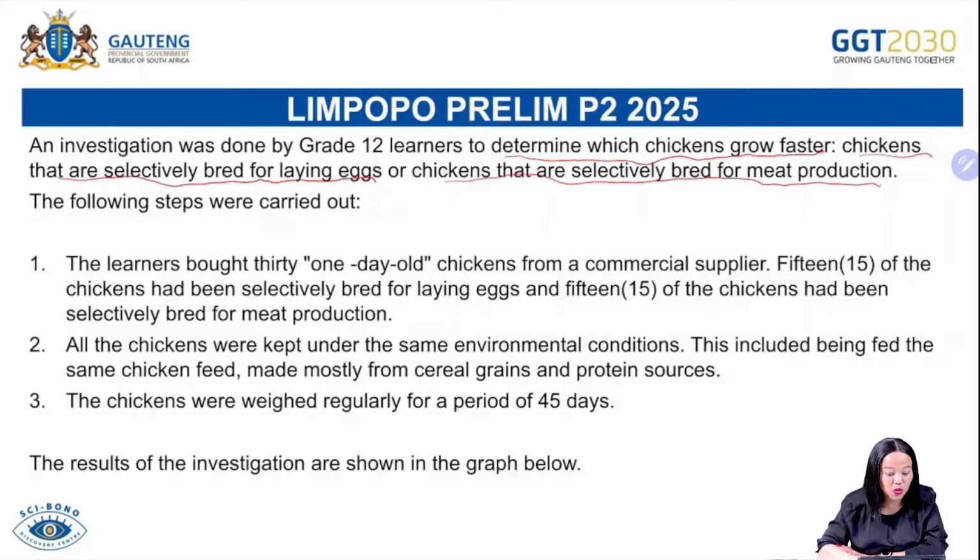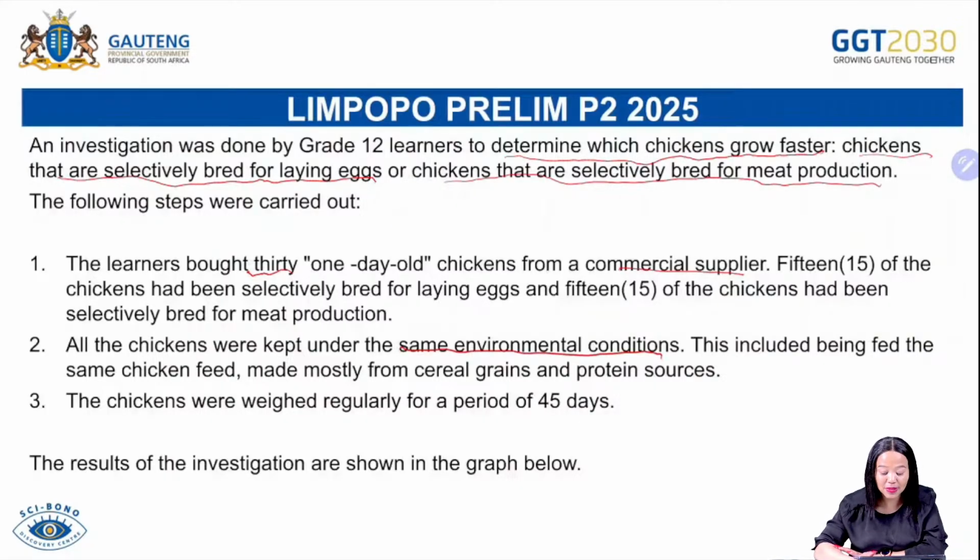The following steps were carried out. Learners bought 30 one-day-old chickens from a commercial supplier. 15 of the chickens have been selectively bred for laying eggs, and 15 of the chickens have been selectively bred for meat production. All chickens were kept under the same environmental conditions.